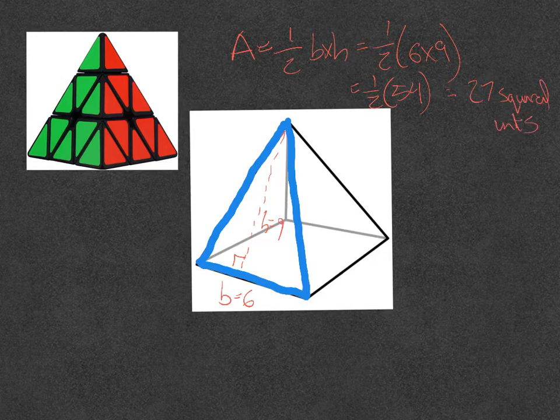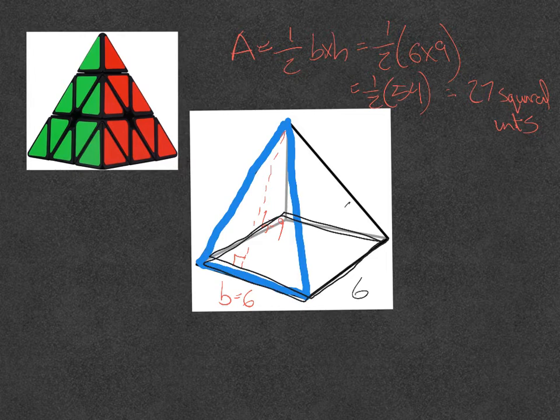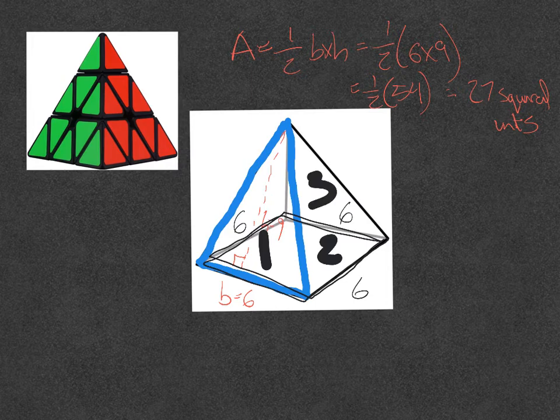Again, how many faces do we have? We know that all the faces are the same size because this shape right here is a square. So we know our base is 6 on every side, and all the points meet in the middle, so we know the height is 9. How many sides have we got? 1, 2, 3, 4.